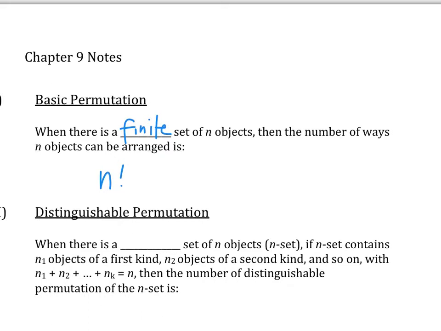We had 3 letters, A, B, C. We want to rearrange them, and the way we want them ordered is from left to right. So there is an order to it. If there's an order to it, we use this basic permutation, which says you just do n factorial. There are 3 letters, so you basically do 3 factorial. And then we're going to review factorial. So this is for the previous question.